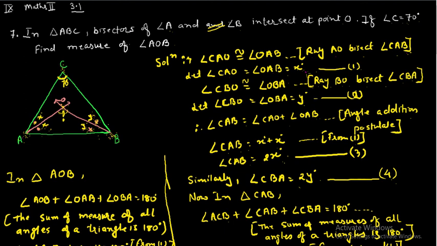Now as we know, the ray bisector has been given to us, so ray AO is the bisector of angle CAB.